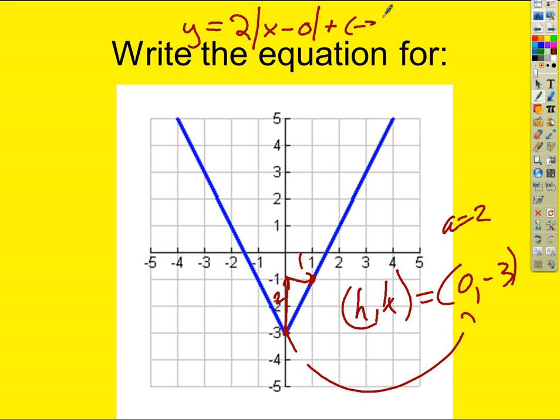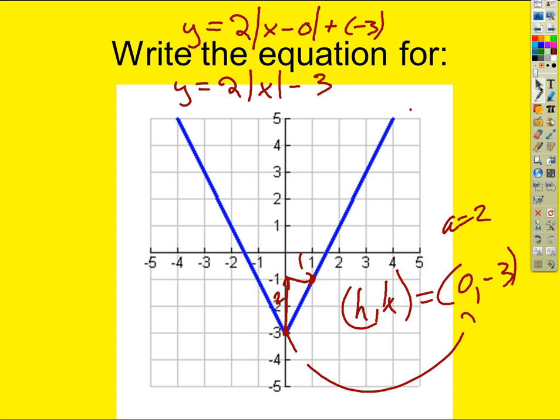Plus -3. I can simplify that, and I want you to get the answer correct. It needs to be written simplified. So what is X minus 0? X, right? So I could rewrite this as 2 times the absolute value of X, and then plus -3. There you go.